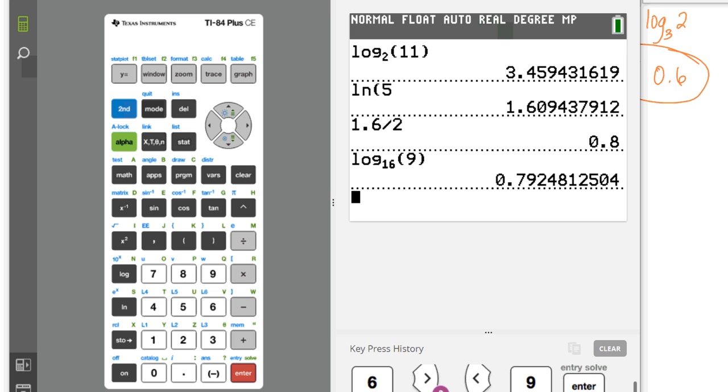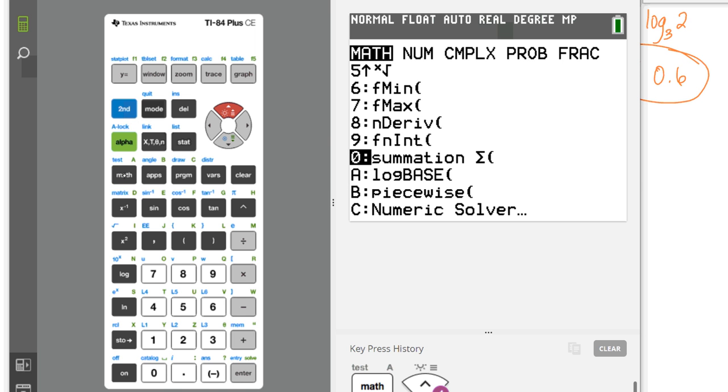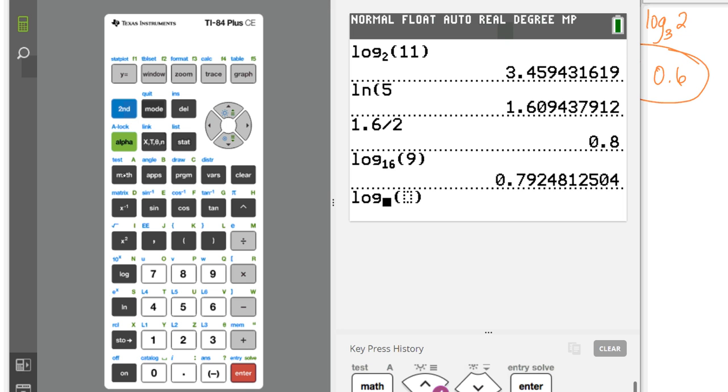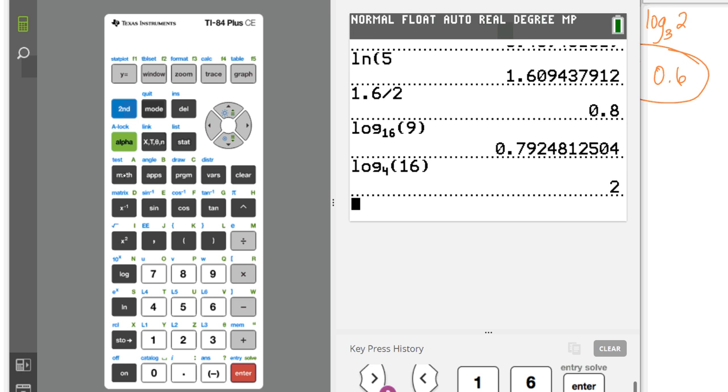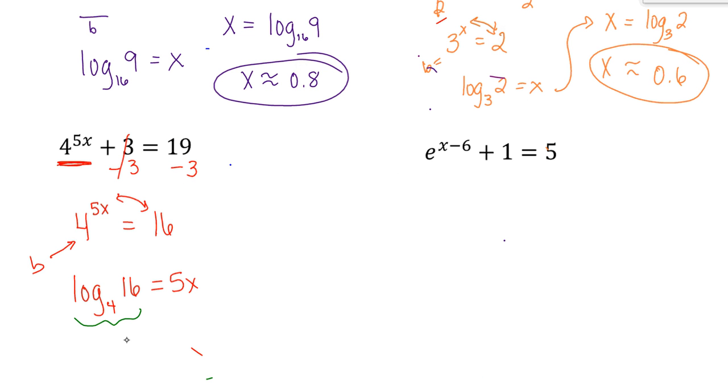We plug that into the calculator. Again, math menu. At the very bottom, there's one called log base. My base was 4. Inside was 16. Oh, that's 2. I knew that. So this is going to be 2 equals 5x.